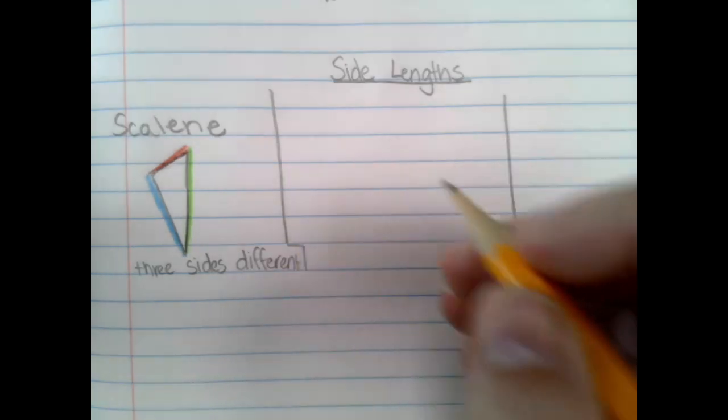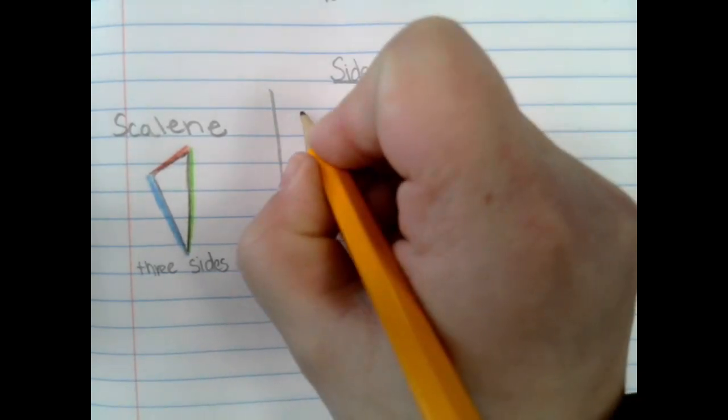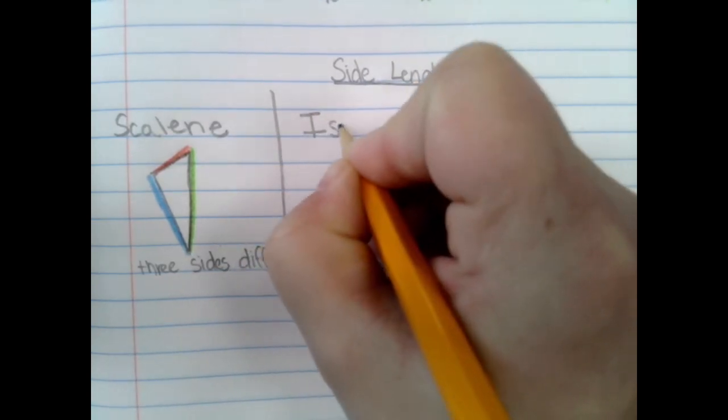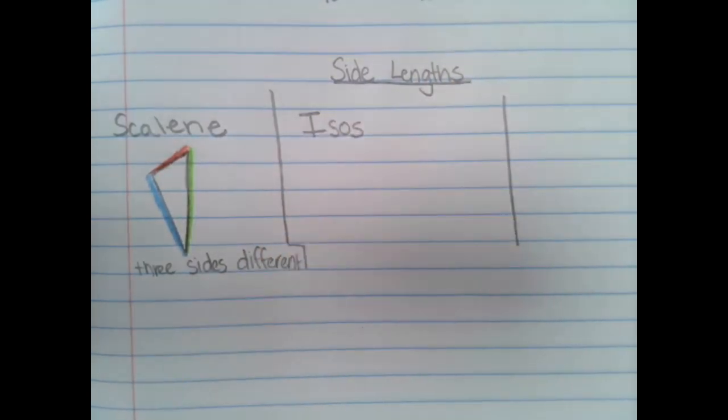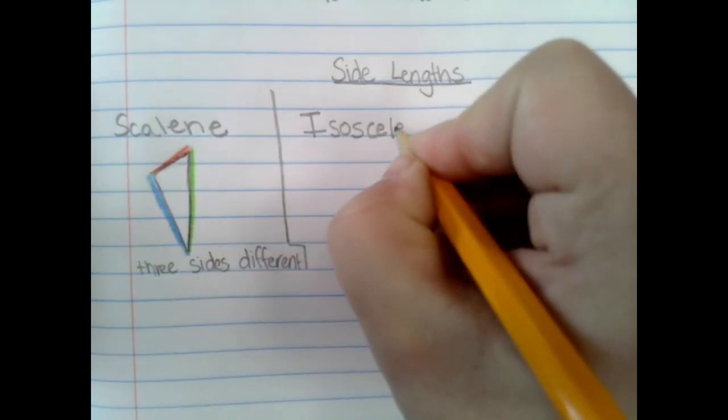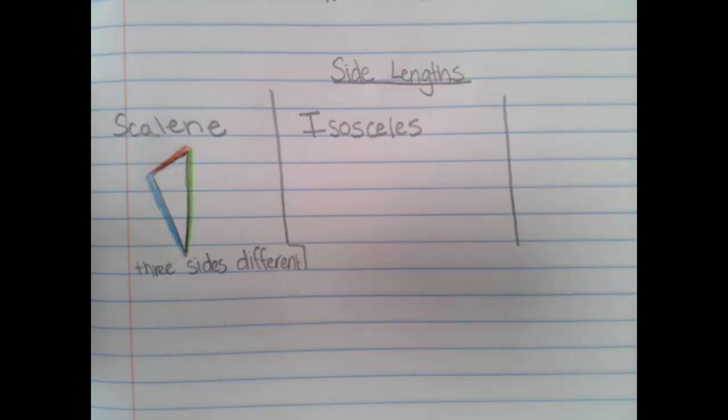Our next one is called isosceles. This one's spelled a little bit different. Isosceles. I-S-O-S, isos, and then celes, C-E-L-E-S, isosceles.